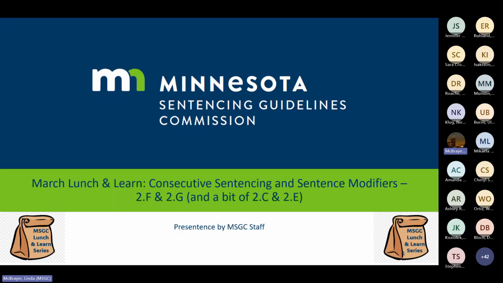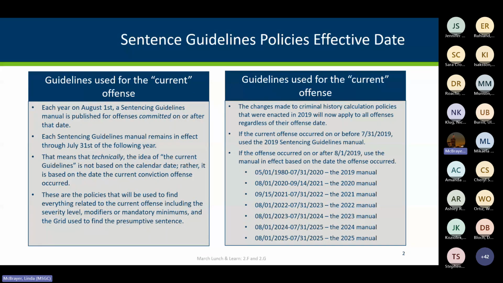So with that in mind, we're going to start first with consecutive sentencing. And before we do, I will remind you that we always use the guidelines in effect when the current offense occurs. So for these policies, for the consecutive sentencing and any of the modifiers, we're on the left side: guidelines used for the current offense.